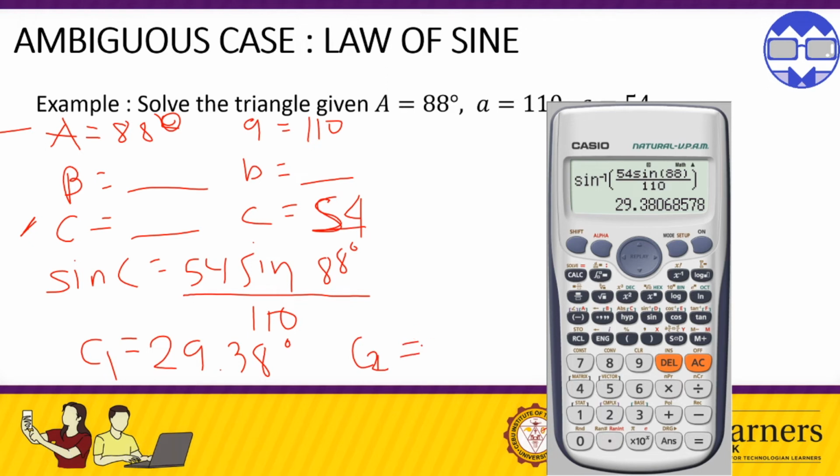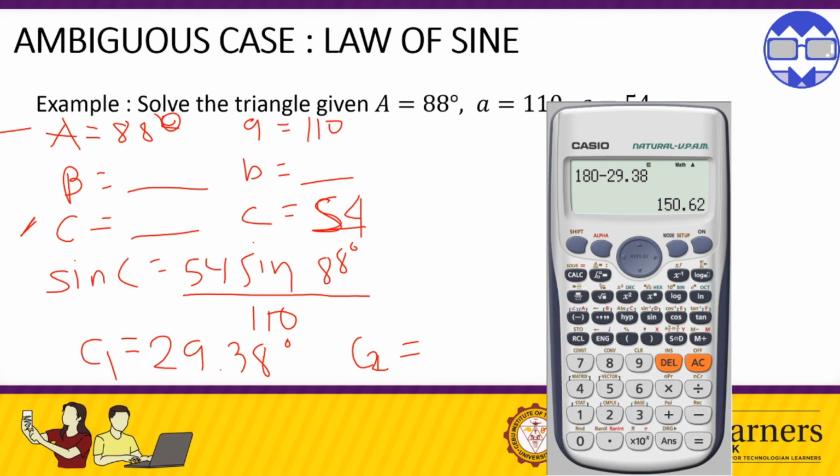How do we solve? We simply get the supplement. What's the supplement? It's 180 minus 29.38. Using our calculator, 180 minus 29.38 gives us 150.62.